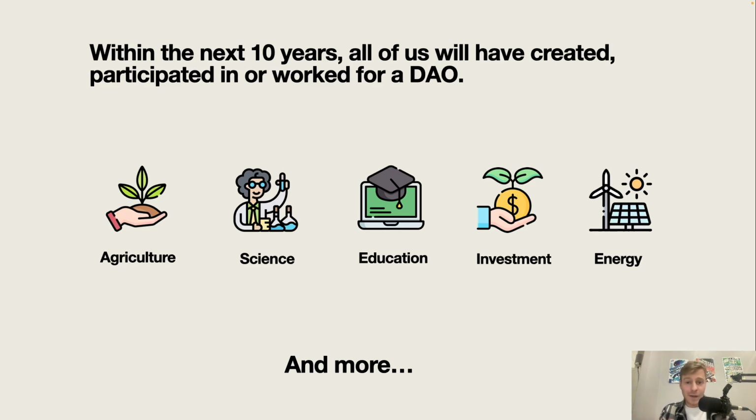There will be DAOs about agriculture, there will be DAOs about improving science, improving education, DAOs to make investments as a group, DAOs to create energy. There will be DAOs for absolutely everything in every sector. As I said before, Web3 is about to disrupt every industry. And so there is necessarily one of those sectors that you will be attracted to and where you will probably work for this DAO.